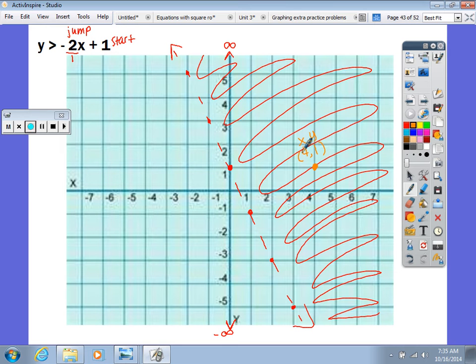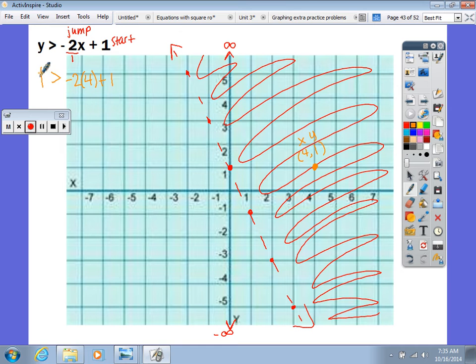Let's say that we plug it in though, and it's not a true statement. Well, that means you shaded the wrong side. So let's go ahead and check. Remember, our coordinate points are listed as x, comma, y. So I need to put 4 in for x into my equation, so negative 2 times 4 plus 1. And then I'm going to put 1 in for y into my equation.